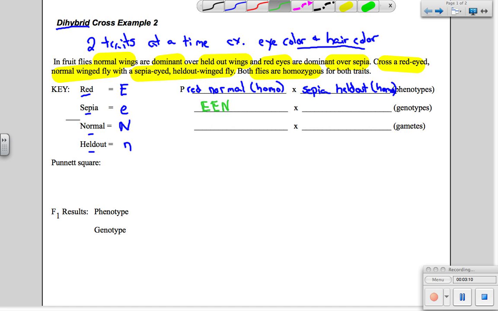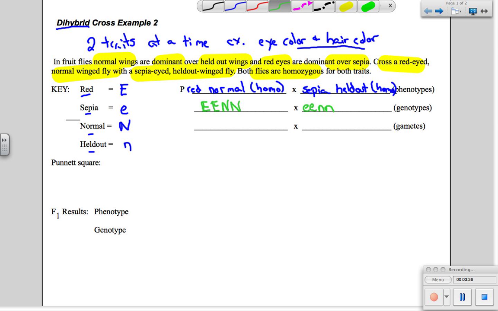Normal wings are denoted by a capital N. There's parent 1. Parent 2 is sepia-eyed. Sepia, if I look back at my allele key, it's recessive. Remember that the only way to show the recessive phenotype is to have homozygous recessive alleles. So lowercase e, lowercase e. Same thing for the wings, lowercase n, lowercase n. Here are my two flies.